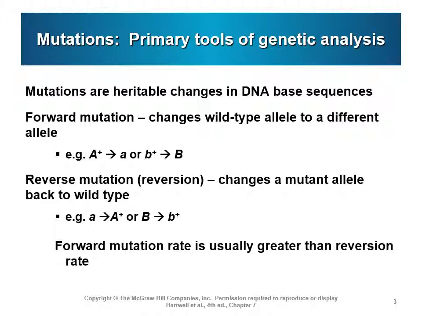It is very obvious to assume that reverse mutations happen much more rarely than forward mutations, because forward mutations can happen anywhere along the gene sequence. However, reverse mutations can happen only at the particular spot of the gene where the mutation already exists.